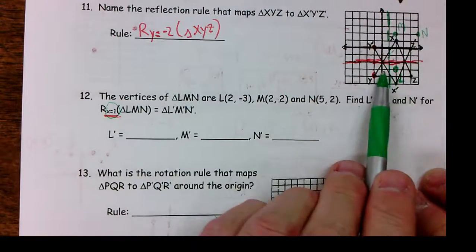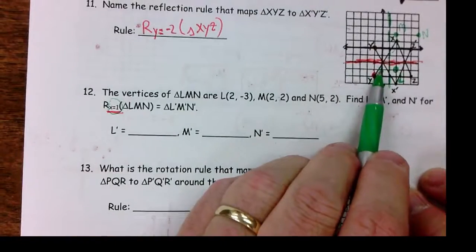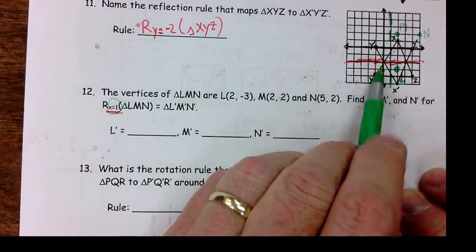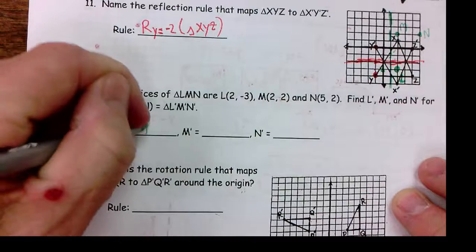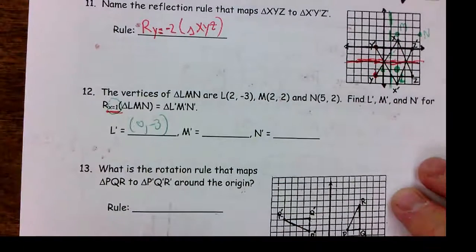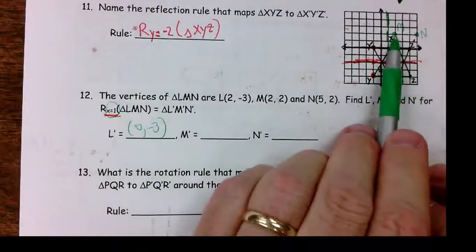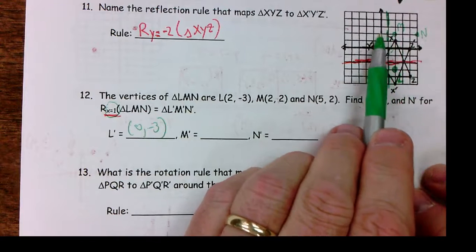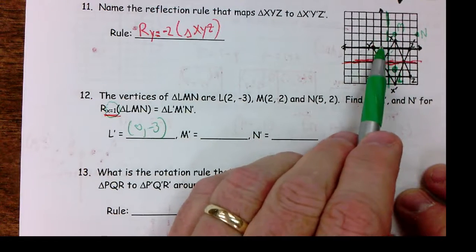I noticed that L would end up right here, and that on this graph is the point 0, negative 3. M would end up, let's see, 1 to the line, 1 to the other side. That would be right here, which is the point 0, 2.